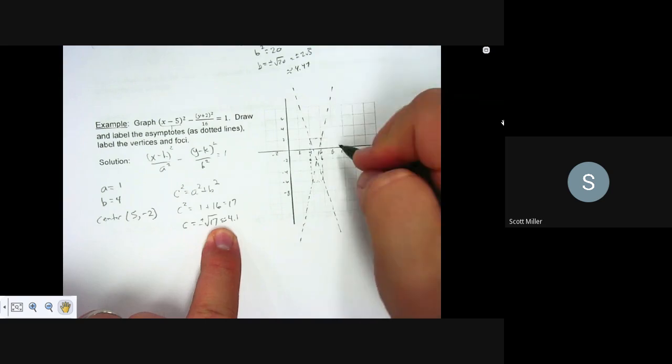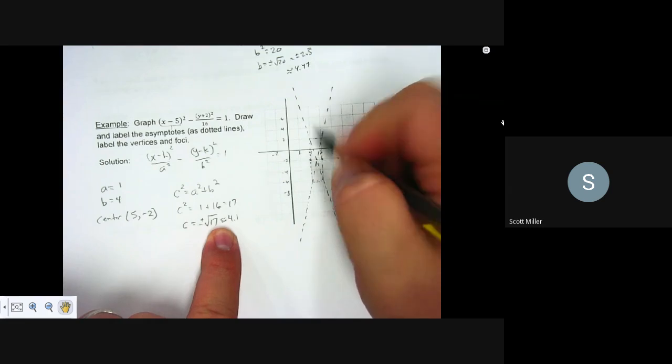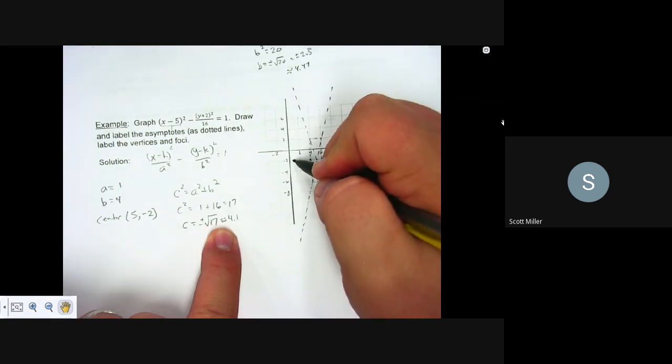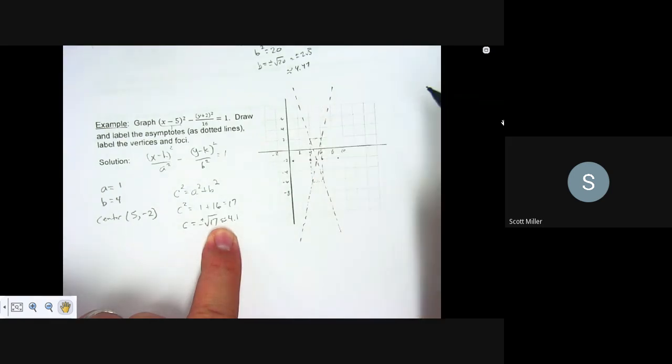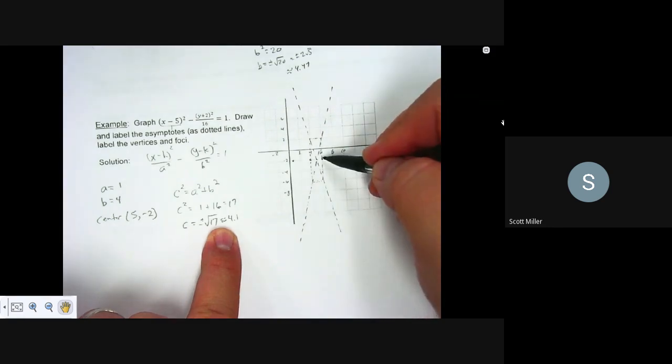So 4 right there is going to be 9.1. So basically right there. And then subtract 4 from that, and you're going to be over here, right about there. Once I have the asymptotes and the vertex labeled, I can draw my shape.